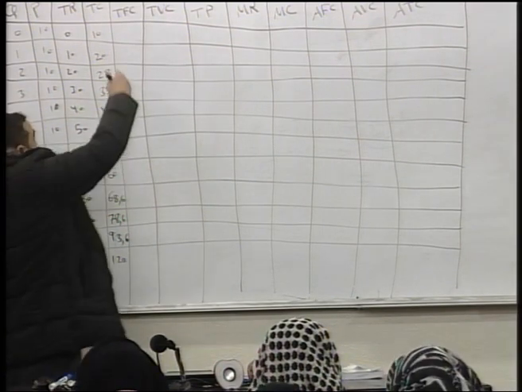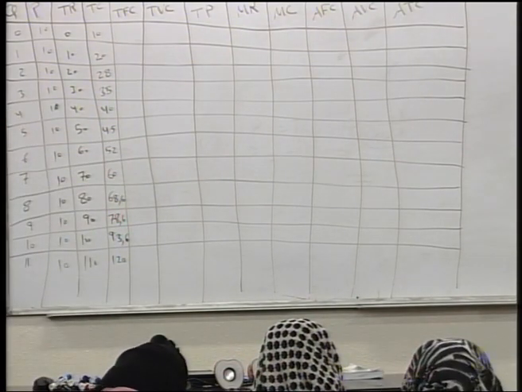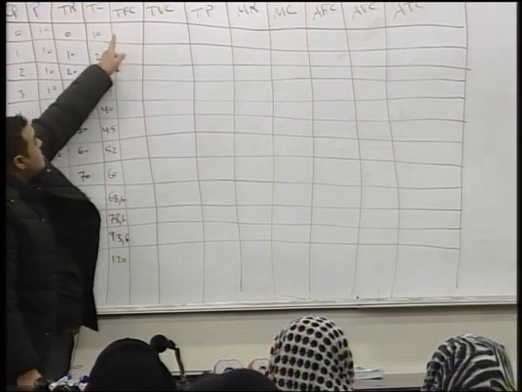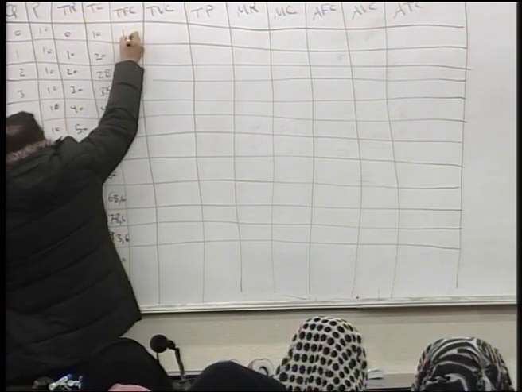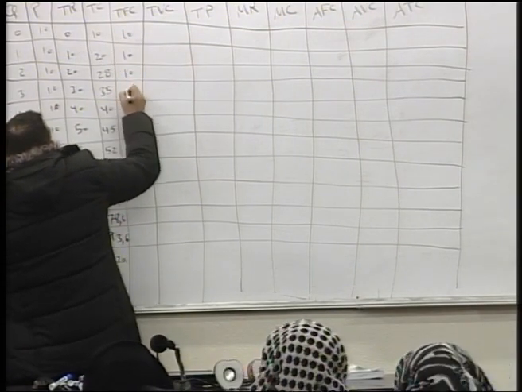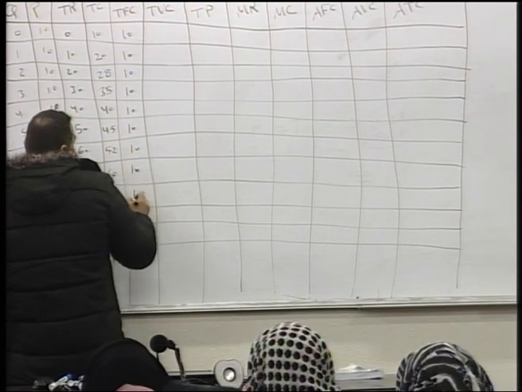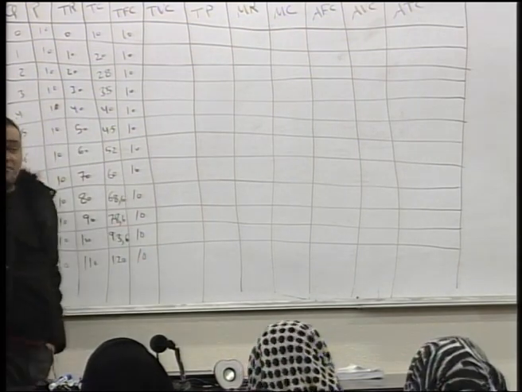Number 2, total fixed cost. At Q equals 0, total cost equals the total fixed cost. So all of them will be 10, because they are fixed.